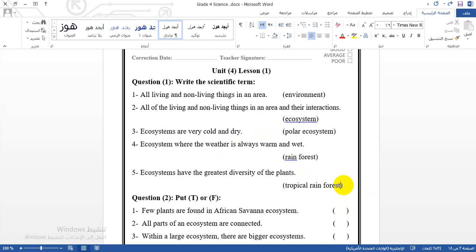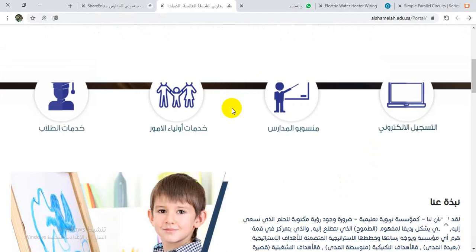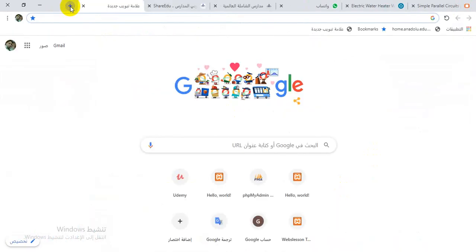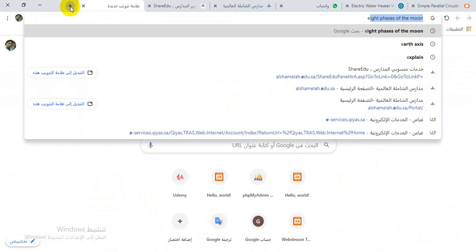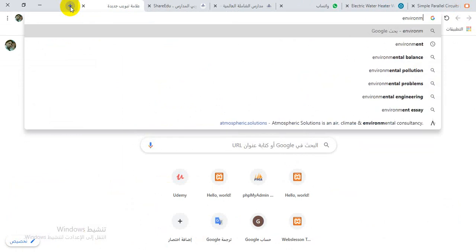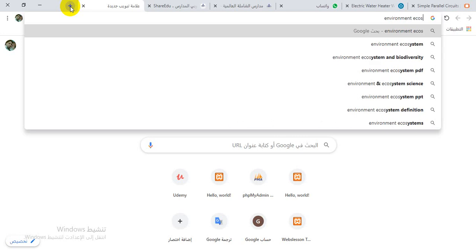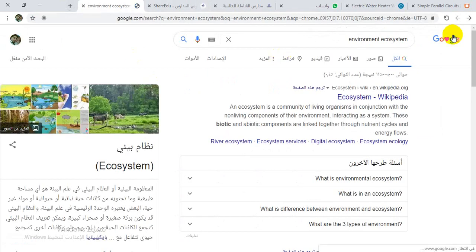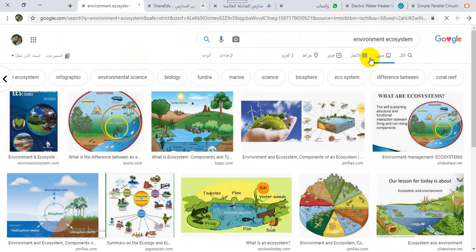Okay, let's go now to the next question here. I'm trying now to find for you a chart or something like that that explains the parts of our environment, starting from the environment itself to the ecosystem. Let's see here. Environment, ecosystem, because I want to show you some charts that let you memorize everything related to our environment.